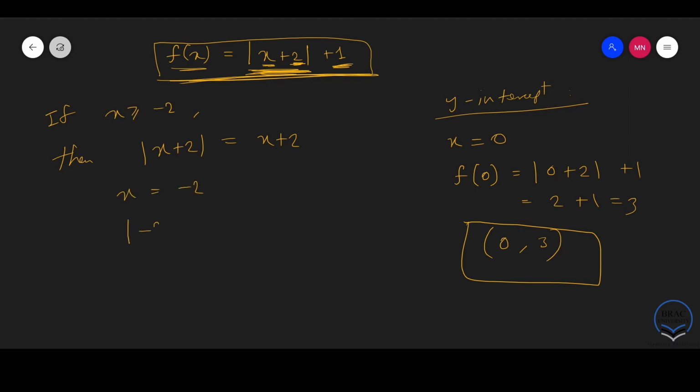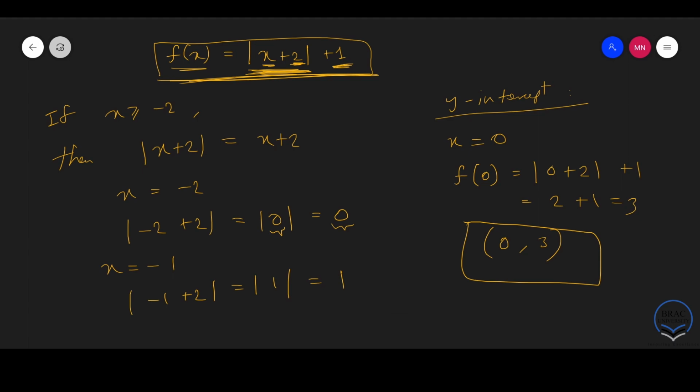Then we have minus 2 plus 2, which is the absolute value of 0, which is equal to 0, right? So whatever is in our absolute value, we will just get that back. Right, so if x was equal to minus 1, I would have the absolute value of minus 1 plus 2, which is the absolute value of 1, and that will be equal to 1, right?